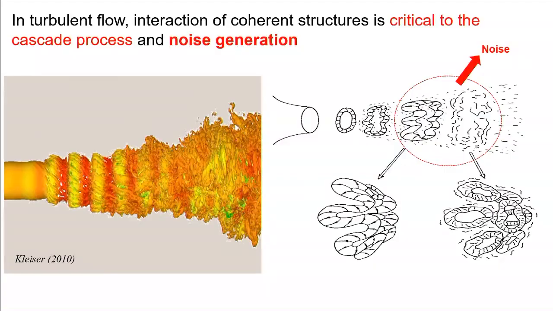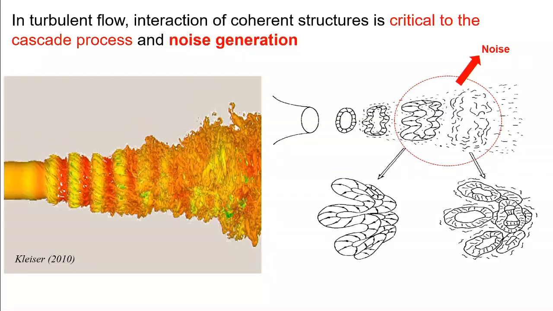Maybe 40 years ago, he proposed or suggested that vortex reconnection is a source of noise generation, although at that time he was not able to fully show or prove this claim.